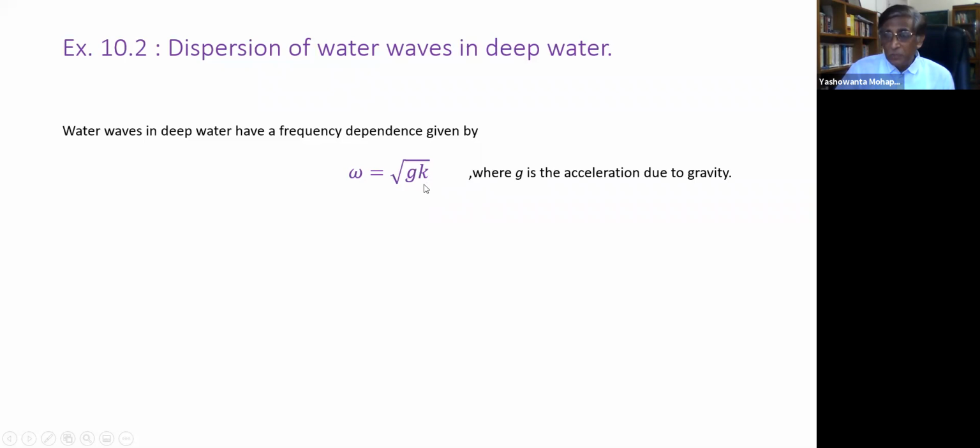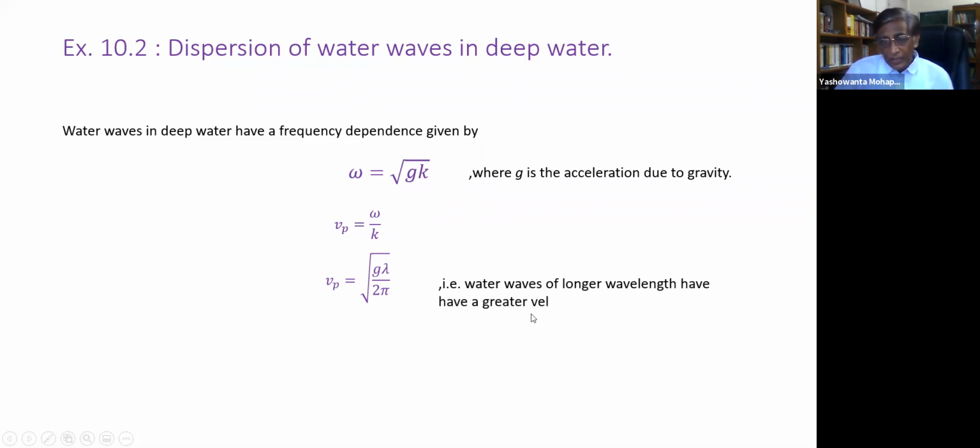And this is a dispersive medium because omega is not simply proportional to k, but goes as k to the power half. The phase velocity is omega by k, which is of course g lambda by 2 pi. Which means that water waves of longer wavelengths have greater velocity, and if the wavelength is smaller, they fall back in terms of phase velocity, and hence if there is a group, there will be dispersion, and we can find the group velocity Vg.